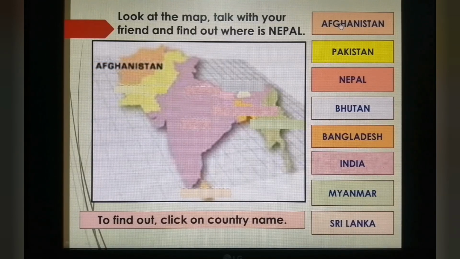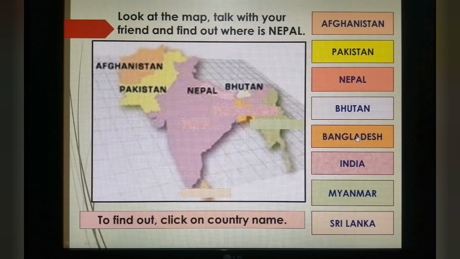Here is Afghanistan. Afghanistan lies in this part of the map. You see it. And Pakistan. This is Pakistan, the yellow color on the map. And Nepal. See where Nepal is? It is nearer to our country. And also Bhutan. Yes, here is Bhutan.